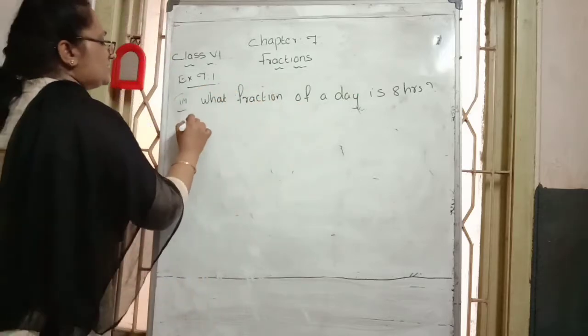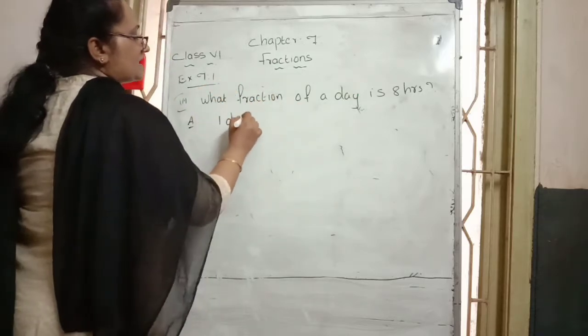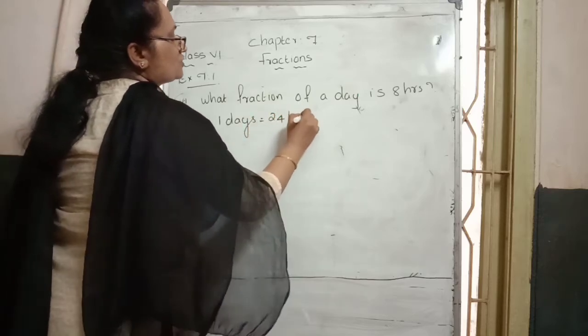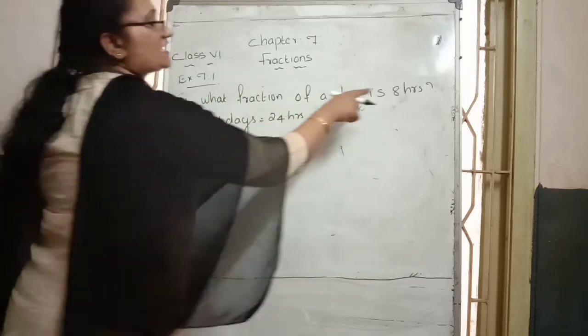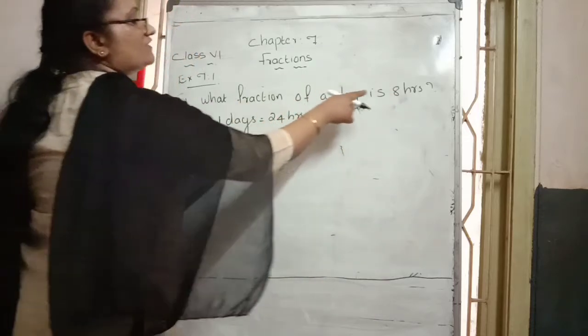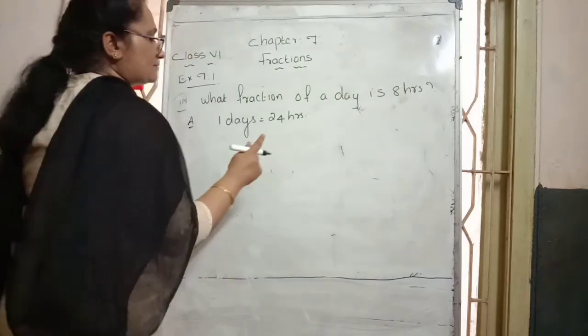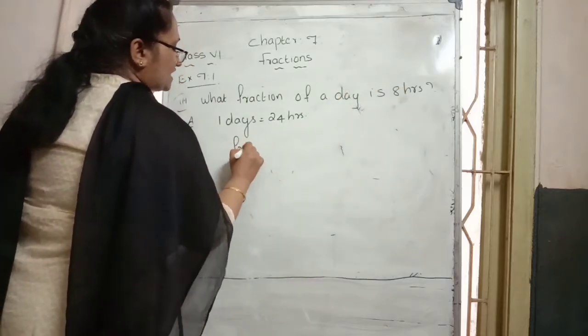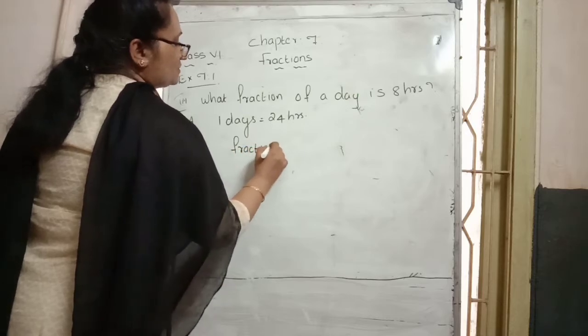We know that one day contains how many hours? One day contains 24 hours. How do we represent 8 hours in fractional form?